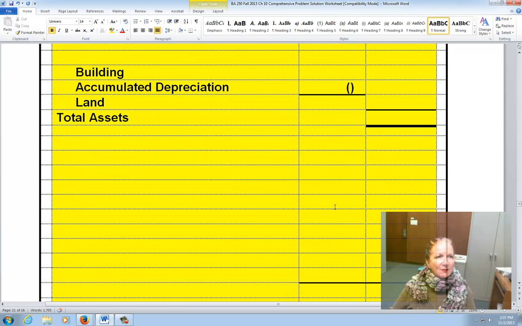Now, for you, the liabilities are going to come next. And when you get down here, you're going to have some bonds. So your bonds are going to be your liabilities.